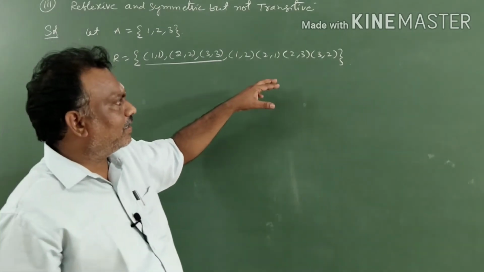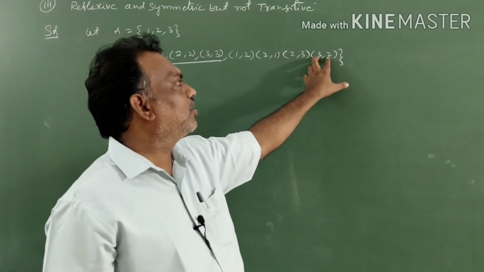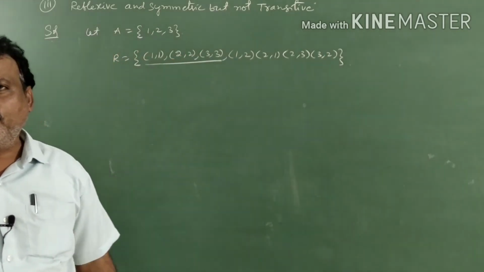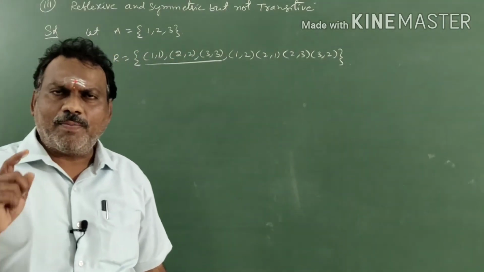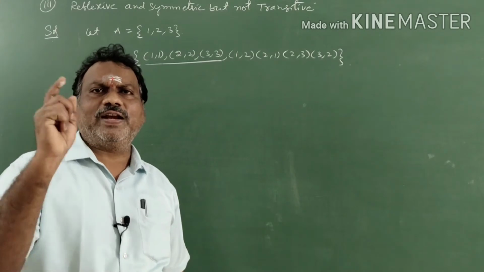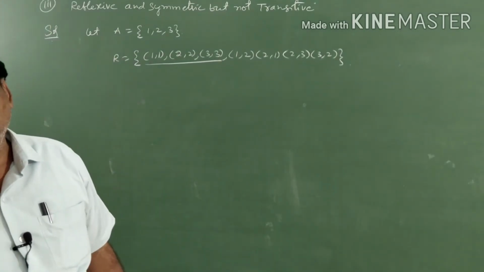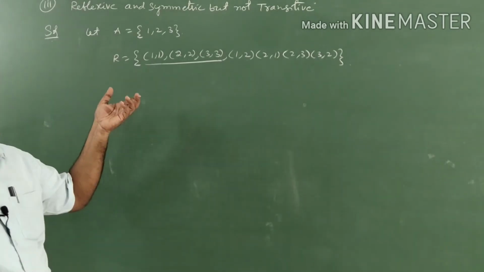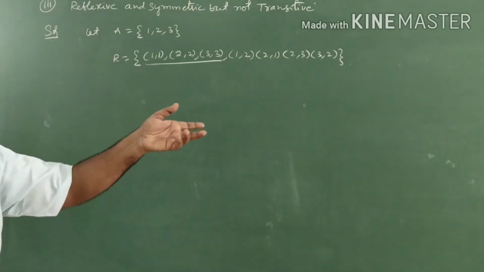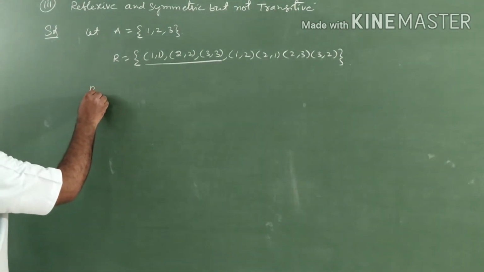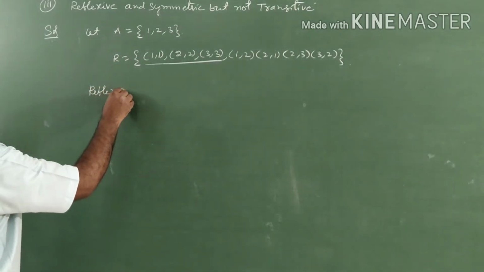You can check others: (2,3), (3,2), again (2,2) will exist, it is transitive. Even if all other ordered pairs satisfy transitivity, but one ordered pair does not, then the relation fails. Clear? That's why R is reflexive and symmetric, but not transitive. I will give the proof. Reflexive.